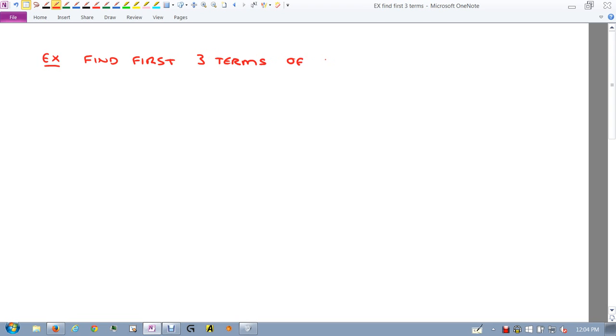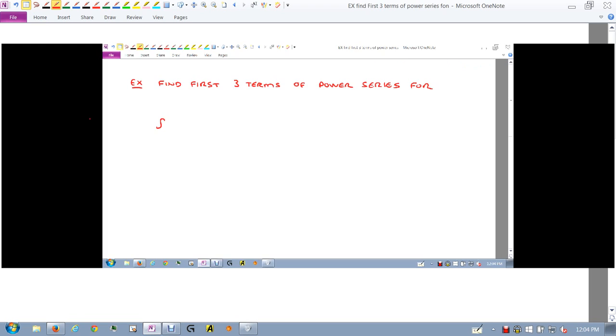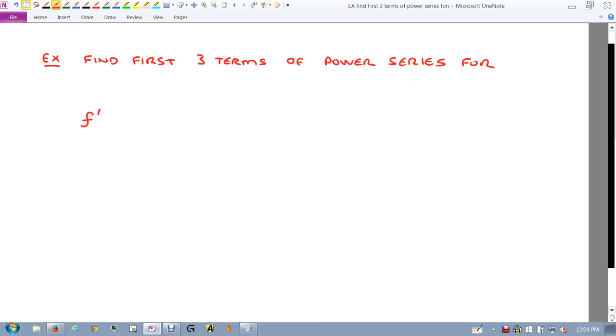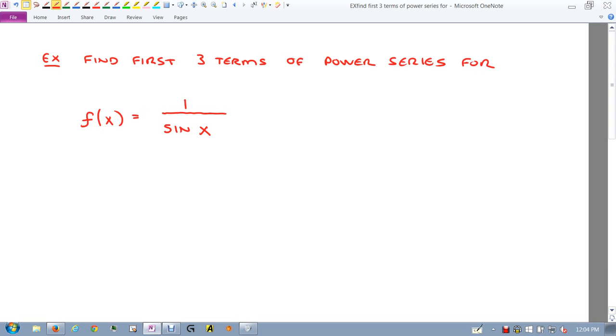Of power series for f of x equals 1 over sine x, which is cosecant x, isn't it?